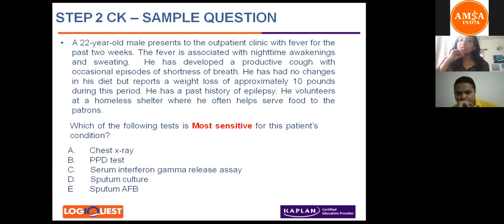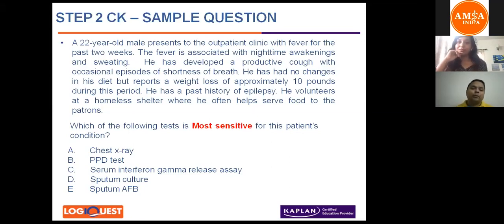People are saying the PPD test. I think someone has said assay already out of these. Someone said culture. No one has said staining. So now we're deciding between B, C, and D based on answers: the PPD test, the assay, and the sputum culture. So the three of those.